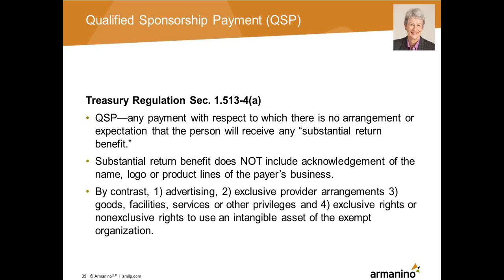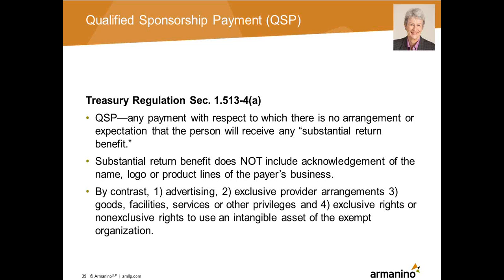And because of that holding, everyone in the exempt sector was very frightened that corporations would stop sponsoring their activities, and that all these organizations would now have taxable income from that sponsorship. So folks went to Congress and said, look, you have to do something, and Congress did. So they created this specific carve-out.